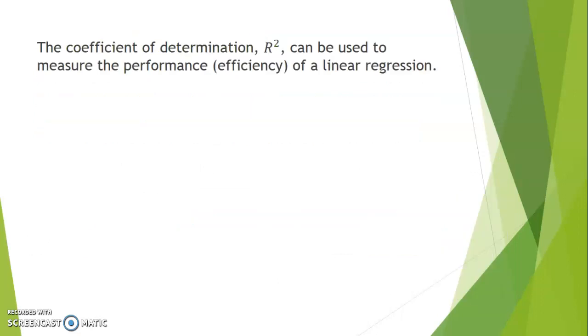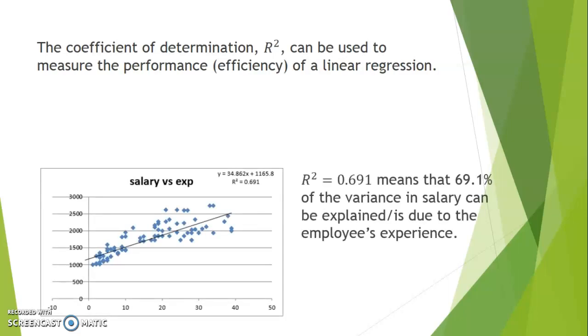The coefficient of determination, r squared, can be used to measure the performance of a linear regression. In the first graph, r squared was 0.691, which means that 69.1% of the variance in salary is the result of an employee's experience.